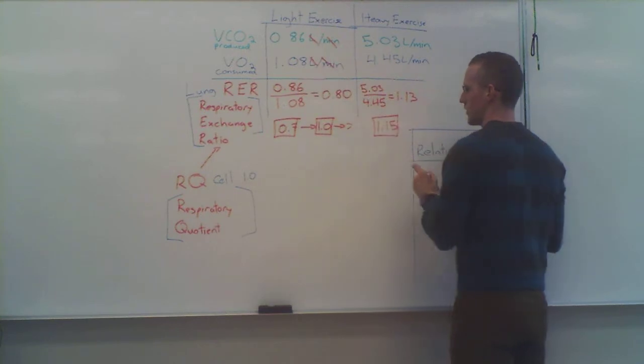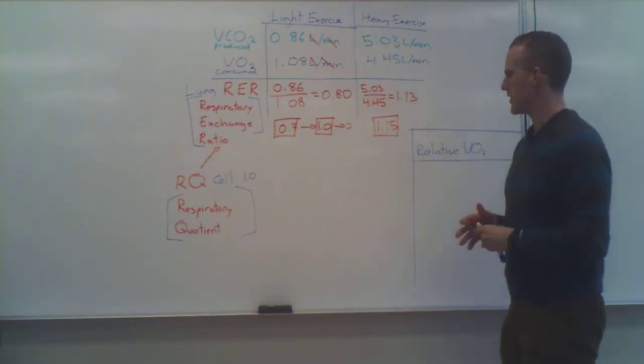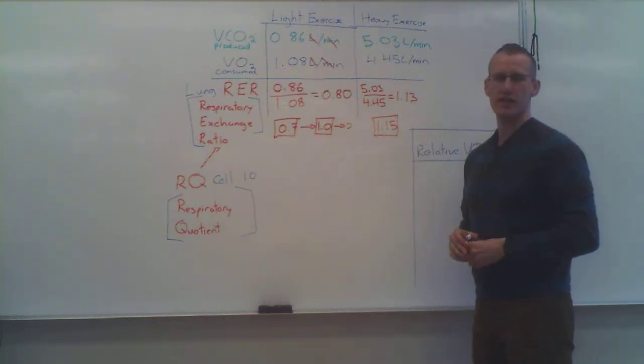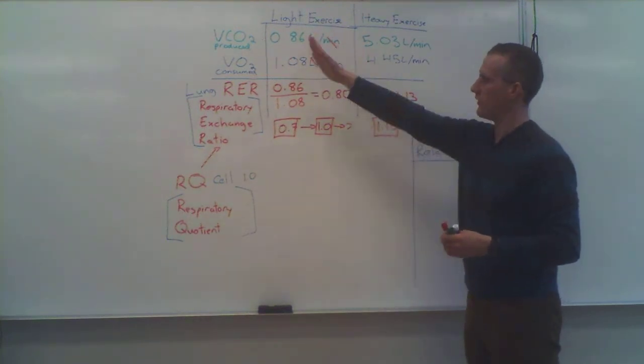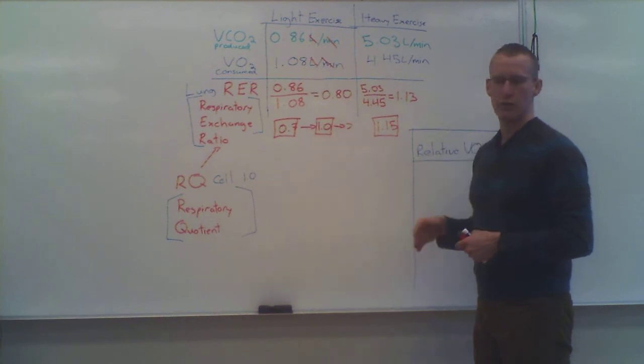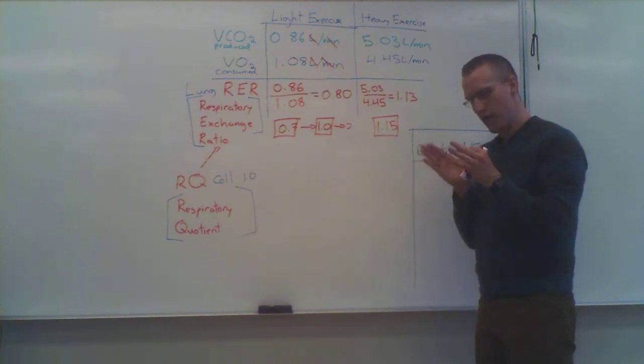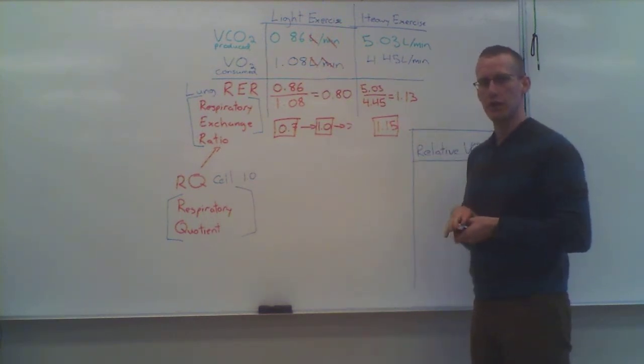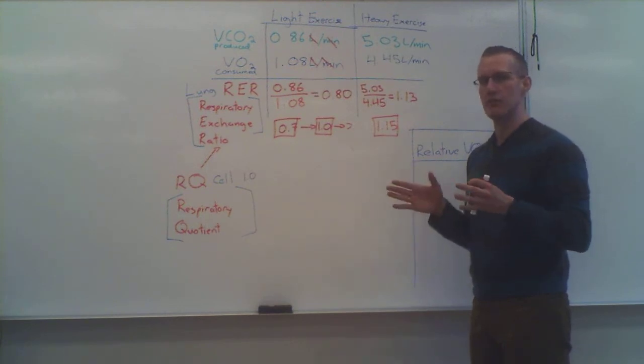So within our range of RER, those are three important numbers to remember. So measured as whole body metabolism, if your RER is 0.7, you're burning complete fats, you're doing very light exercise, maybe even just sitting in a chair. As your RER approaches 1, you're on the boundary of the anaerobic threshold, and your body is almost completely burning sugars.